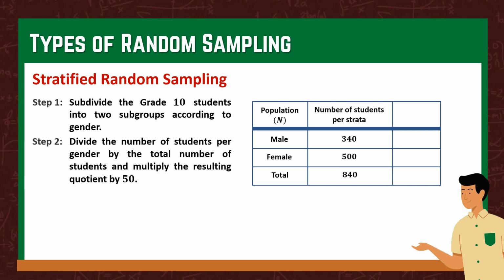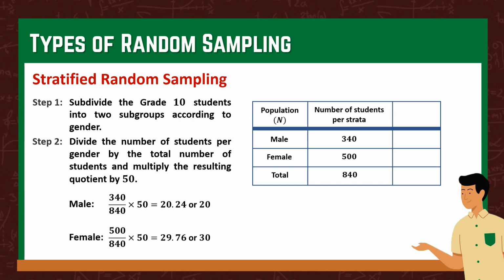Step 2. Divide the number of students per gender by the total number of students and multiply the resulting quotient by 50. So, for male, we will have 340 divided by 840 times 50 equals 20.24 or 20.